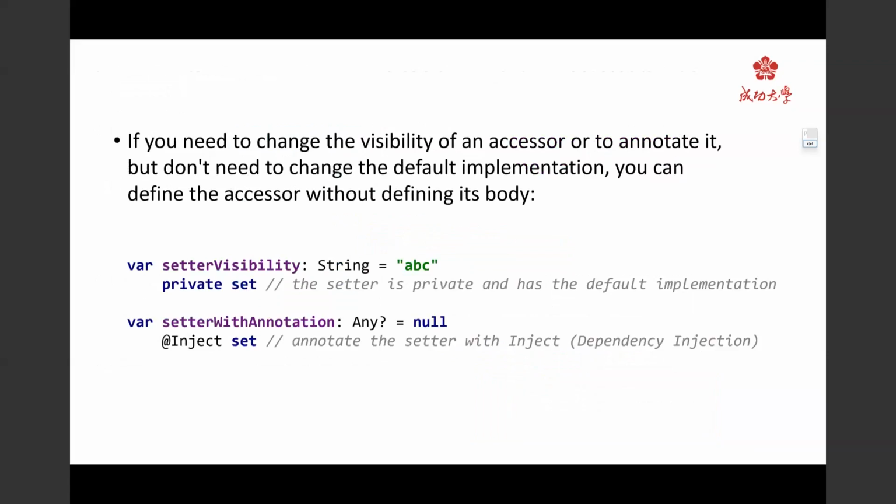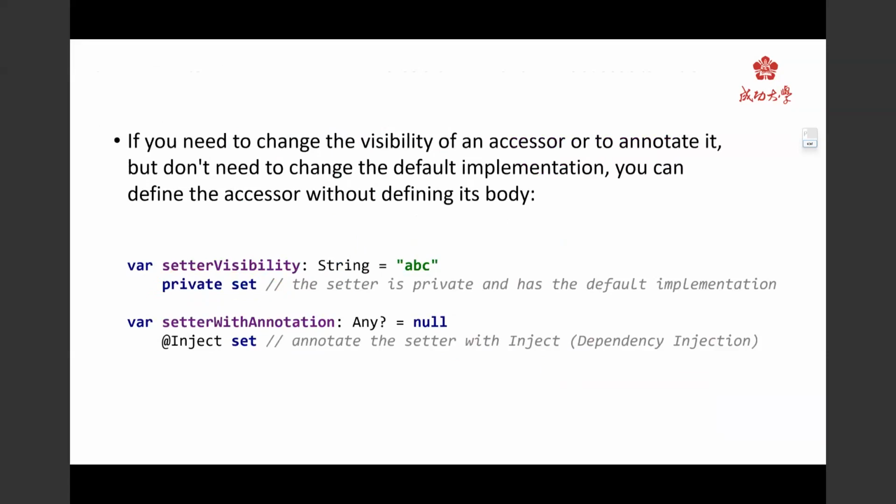Now, if you need to change the visibility of an accessor or to annotate it, but don't need to change the default implementation, you can define the accessor without defining its body like this. In the first example we see here, the state visibility property has a private setter function.